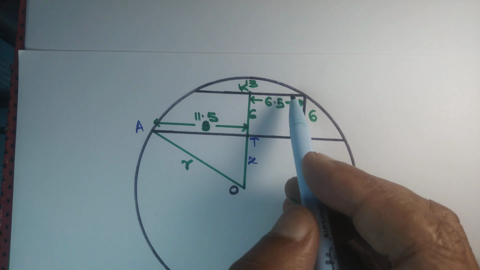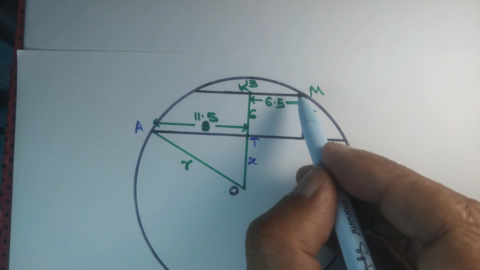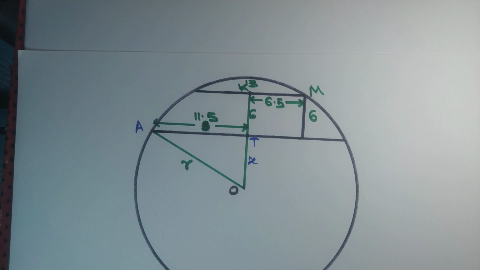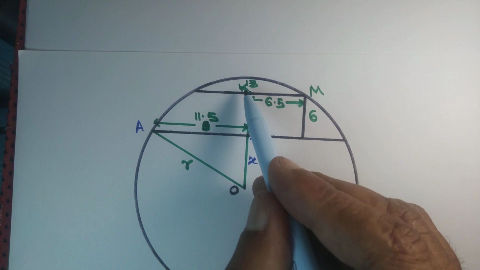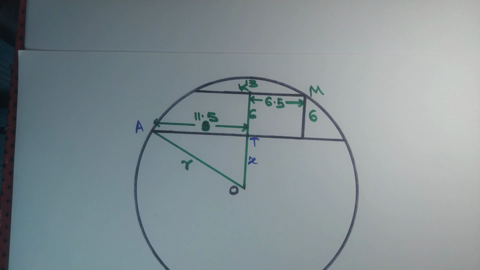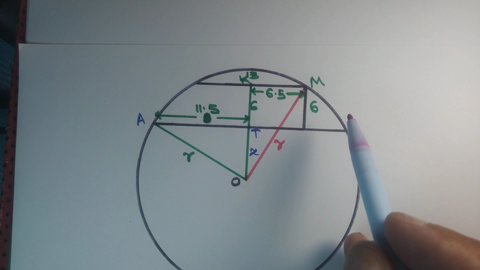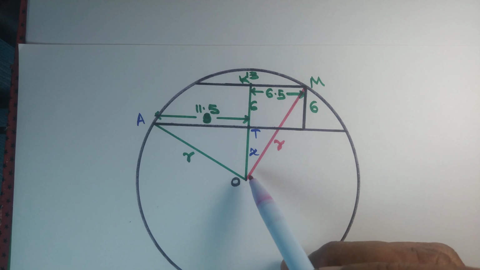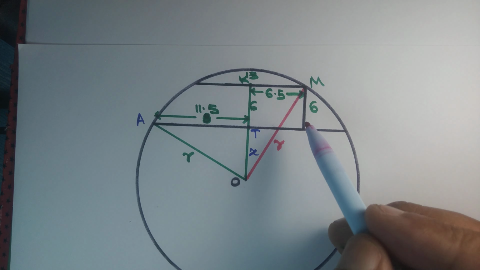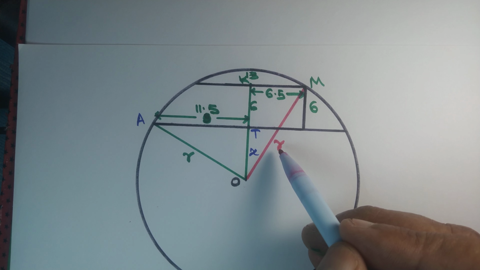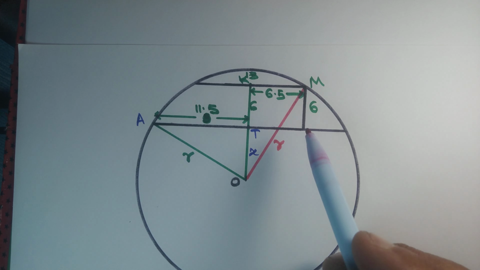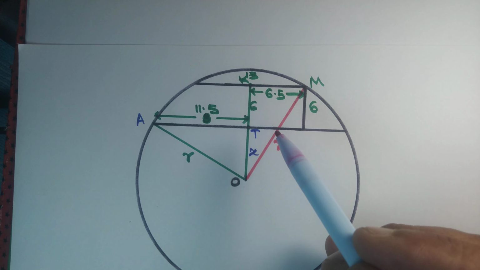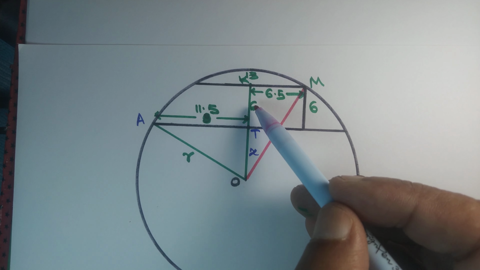And we know KM to be 6.5, and this triangle KMO is again a right angle triangle with hypotenuse measuring the radius of the circle, R, and KM equal to 6.5 and the perpendicular equal to 6 plus x.